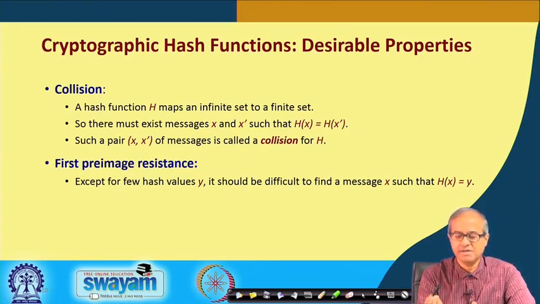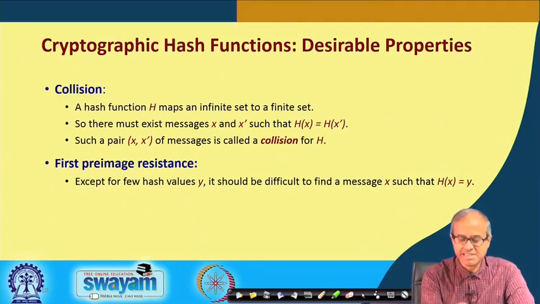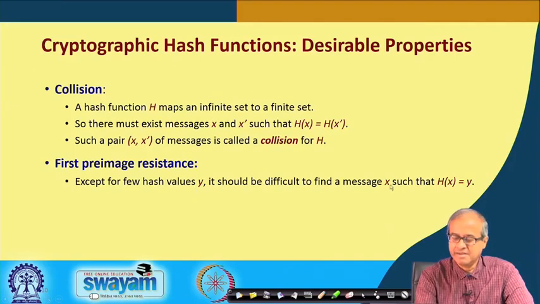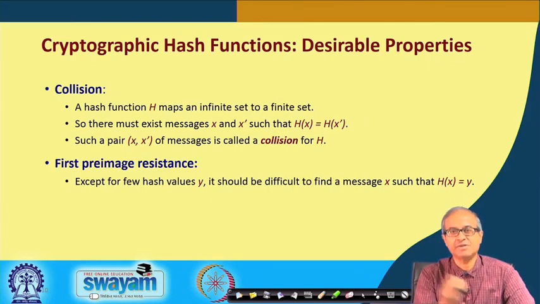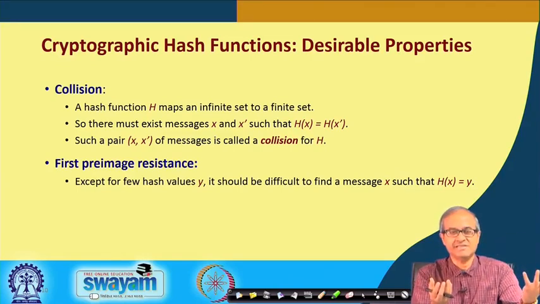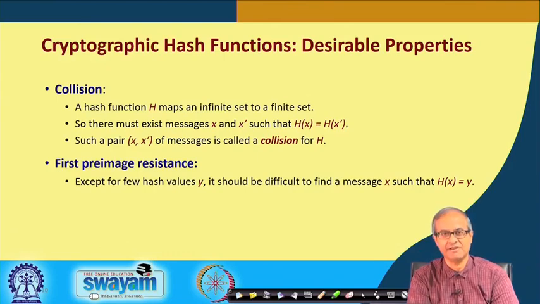What does this property say? It says that except for a few hash values y, it should be very difficult to find a message x such that h(x) equals y, which means I have given you some hash value and I ask you to find a message for which the hash value will be equal to what I have given you.